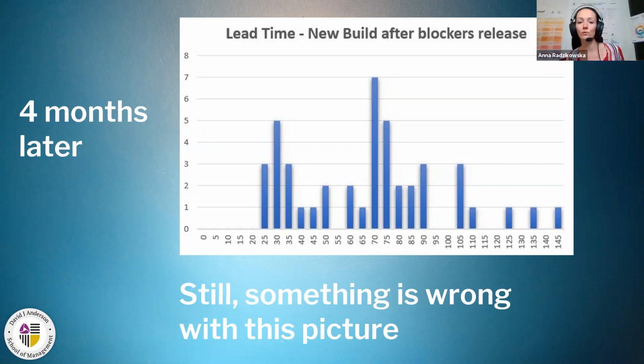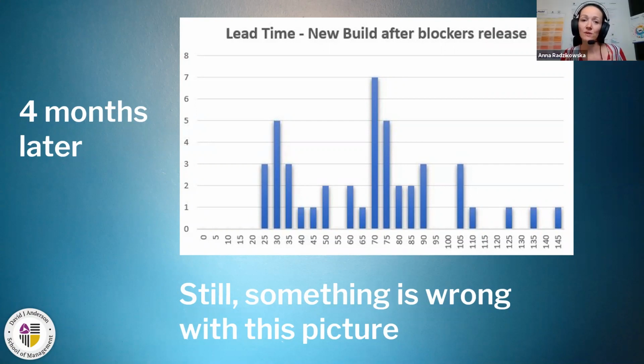To those of you who are more into the topic of lead time distribution and reading these histograms, you can see that there are still a few peaks in this histogram. This is one of the signs that this may be multimodal data. So there is not one mode in this picture, but a few modes.